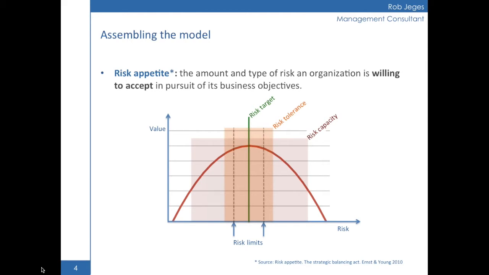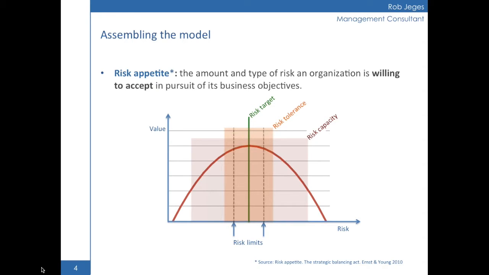So again, we have a band, and somewhere in the middle, we're going to have a target which should correspond to the optimal value, where value is maximized. If you're familiar with COSO, you probably identify this graph in some way, because the idea of optimal risk is also presented by COSO.